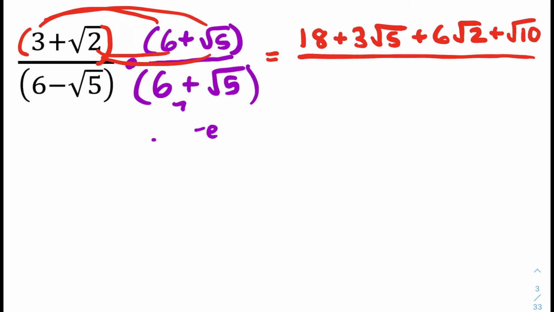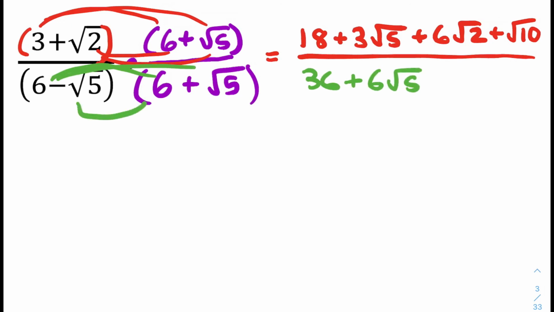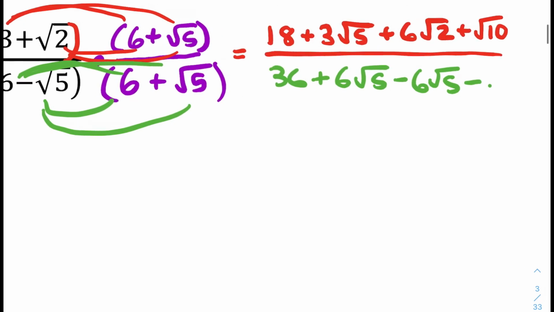The bottom, if I multiply those together, 6 times 6 is 36. 6 square root 5, and then a negative 6 square root 5. And then negative square root 5 times positive square root 5 is negative square root 25, or just negative 5. So if you look at what happened here, since I had opposite signs, my middle terms are going to go to 0.